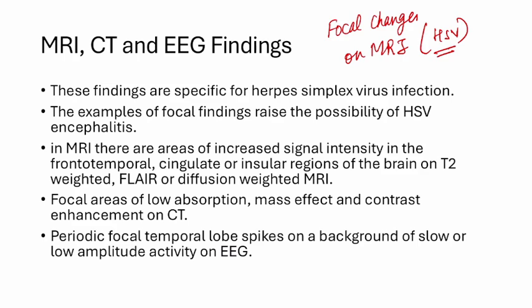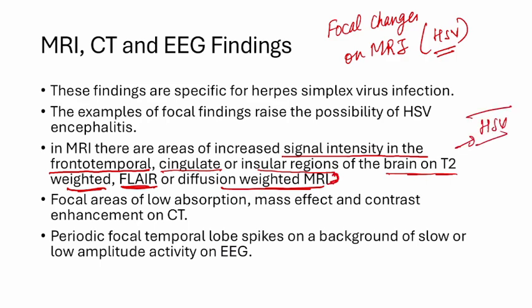But if you find a certain pattern of involvement of the brain parenchyma or the cortex, and the pattern is increased signal intensity in the frontotemporal, cingulate, or insular regions of the brain on T2 weighted MRI, FLAIR or diffusion weighted MRI, you can say that this is HSV. It is very much specific for HSV. Only in HSV are the frontotemporal, insular and cingulate cortex involved.